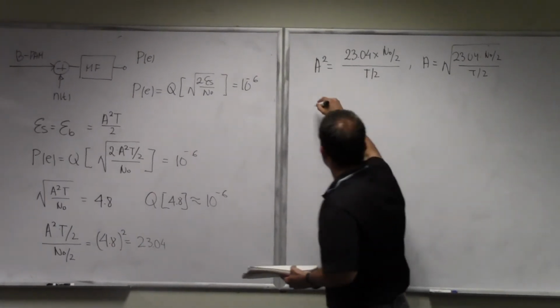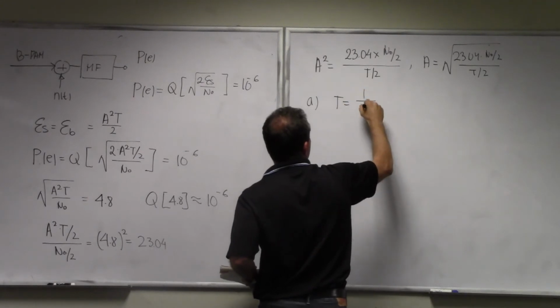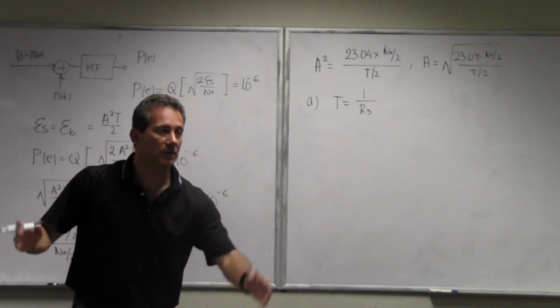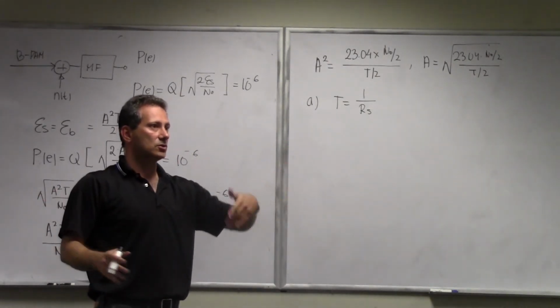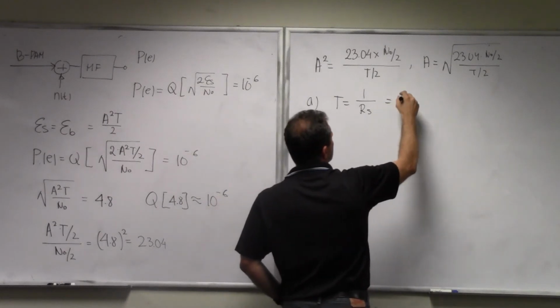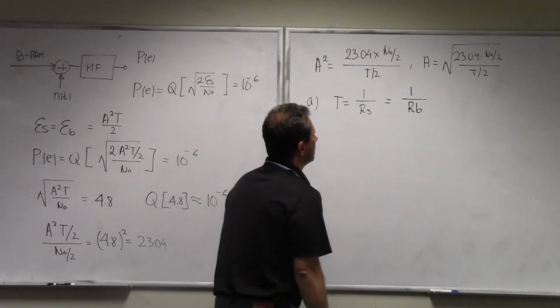Now, for different data rates, we know that T is equal to 1 over Rs, where Rs is the symbol rate, right? We're signaling over an interval of duration T, so the symbol rate is 1 over T. But since this is binary pulse amplitude modulation, this is 1 over Rb.